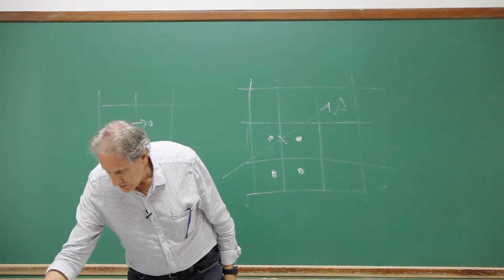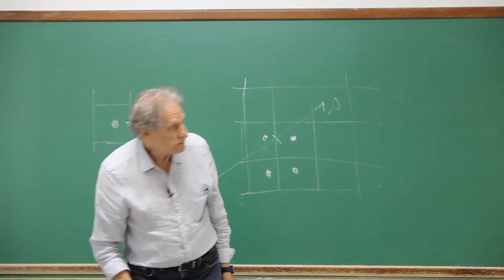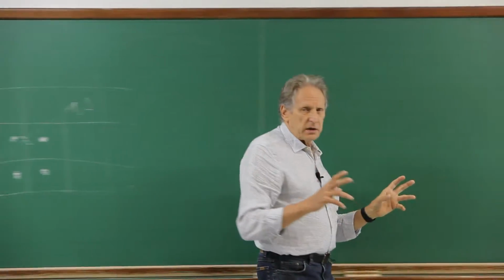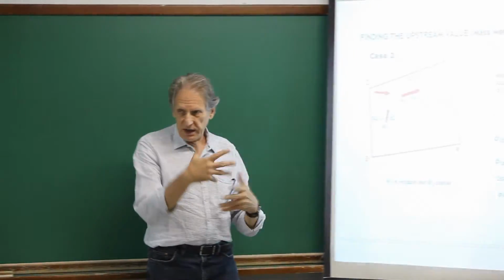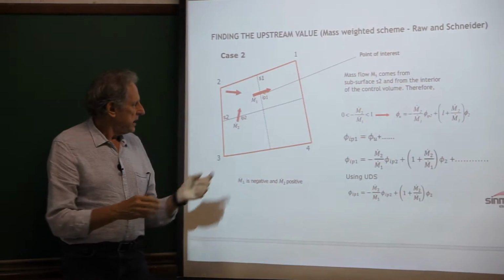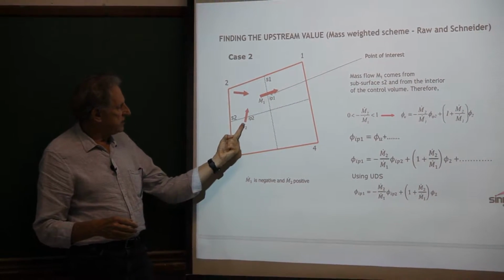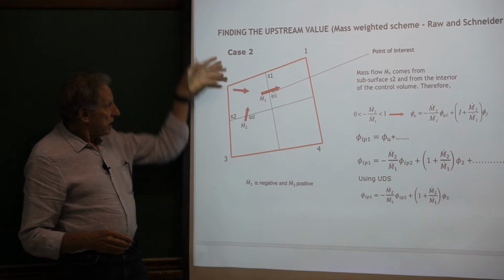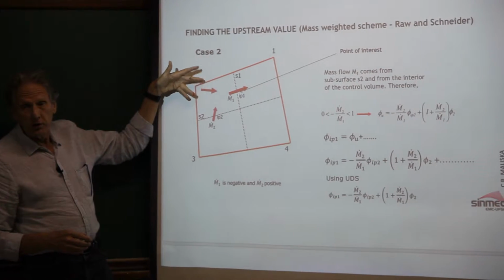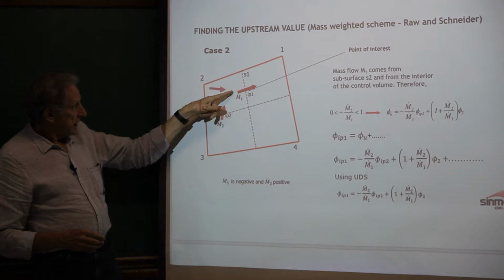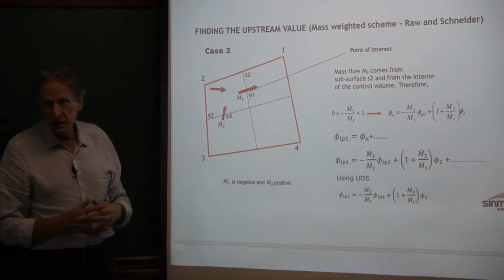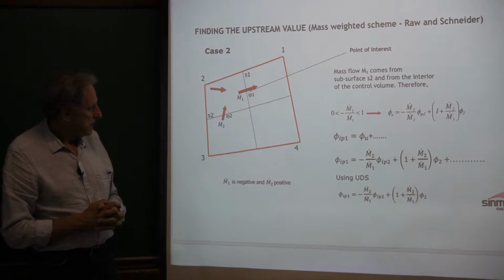The second case, it's another possibility of the flow, that mass flow is entering here and also comes from the nodal point 2 and crosses the S1 surface.